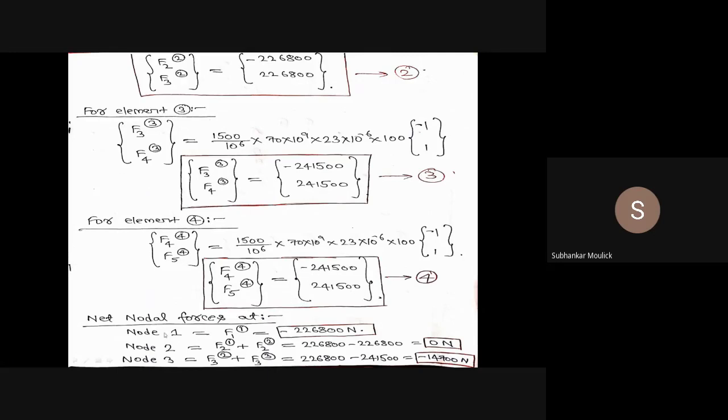So the total nodal force present at node 3 is F3 of 2 plus F3 of 3, that is 226800 minus 241500, which comes out to be minus 14700 Newton. Is it clear? Any doubt? Other people please respond whether it is clear or not. Yes, sir. Clear.